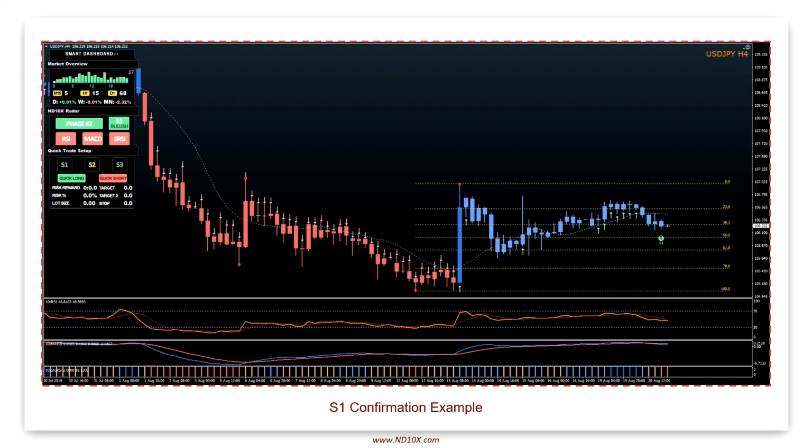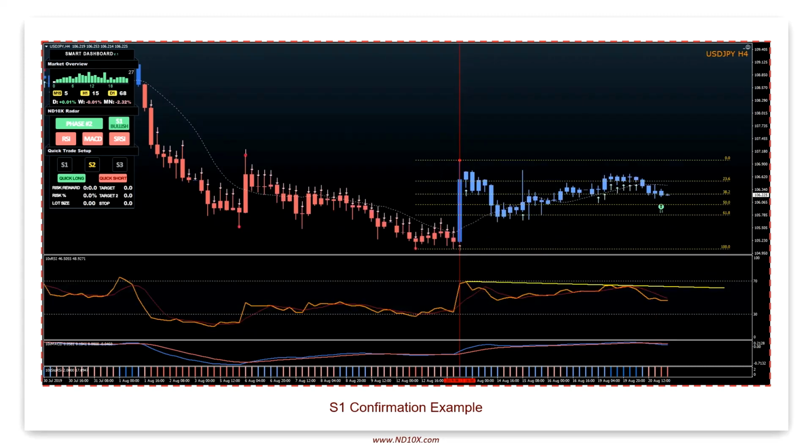So if we use our S1 signal, what we want to see would be the red bar on the stochastic RSI. That would be that bottom indicator on this chart. The next thing that we want to do would be to look for the RSI confirmation. And as you can see, we have a swing high.